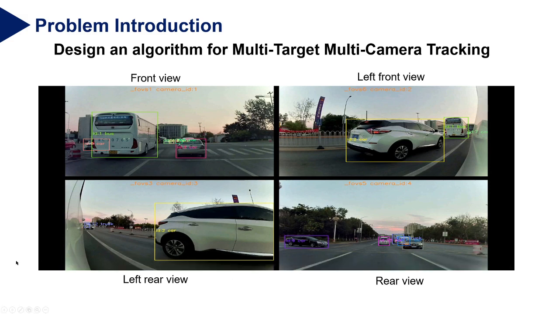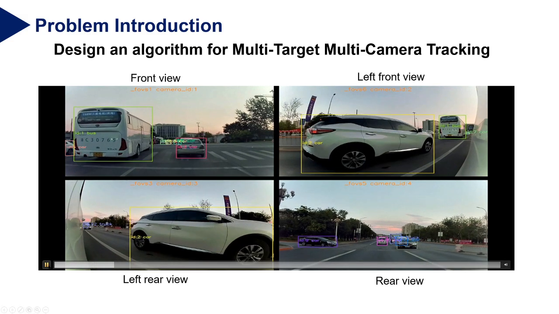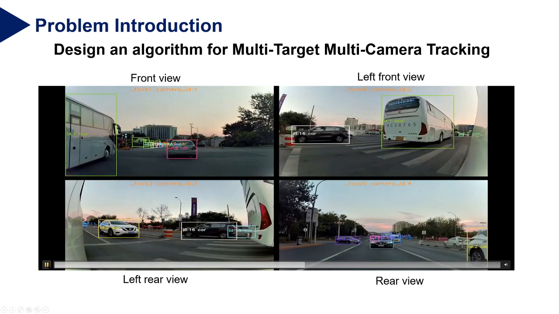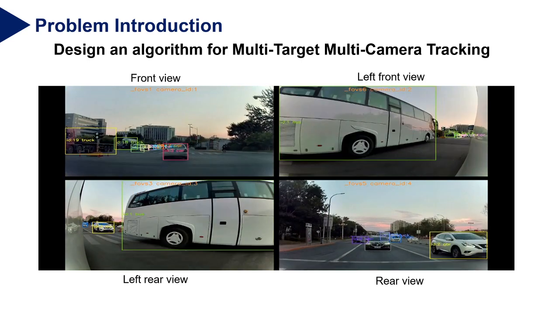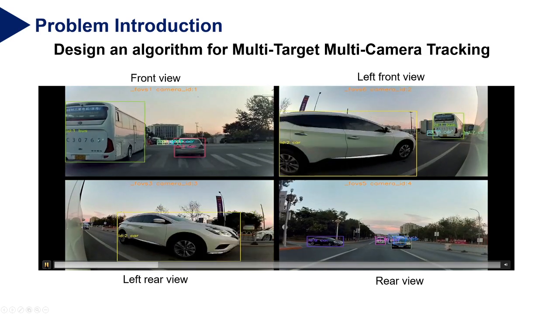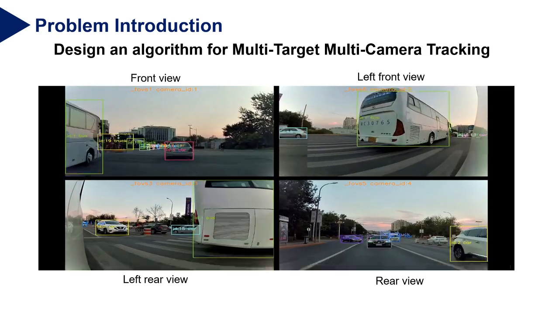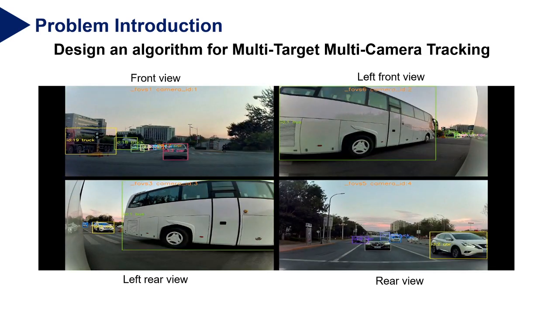And here is the result of our work. So we can see the objects are tracked correctly and precisely. And we can see there are a total of 4 onboard cameras on the car, which show the road direction.